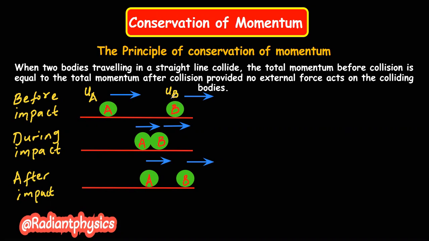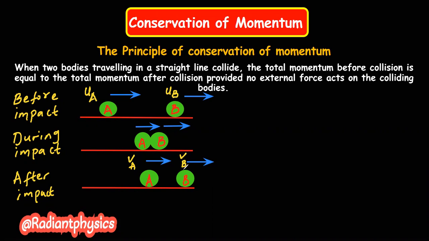This is also stationary. So the initial velocity of these two balls is just zero. Then during impact, they gain final velocity, which sets this in motion in this direction and also this ball. We are going to call this final velocity of A and the final velocity of ball B.